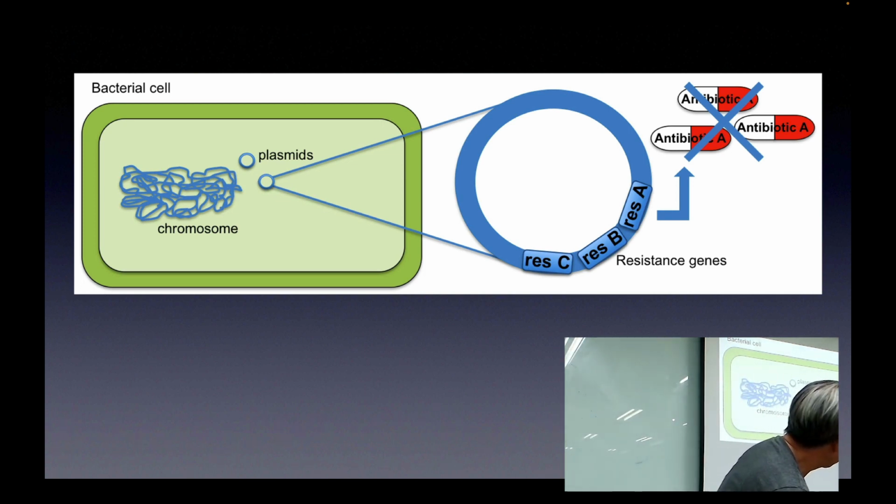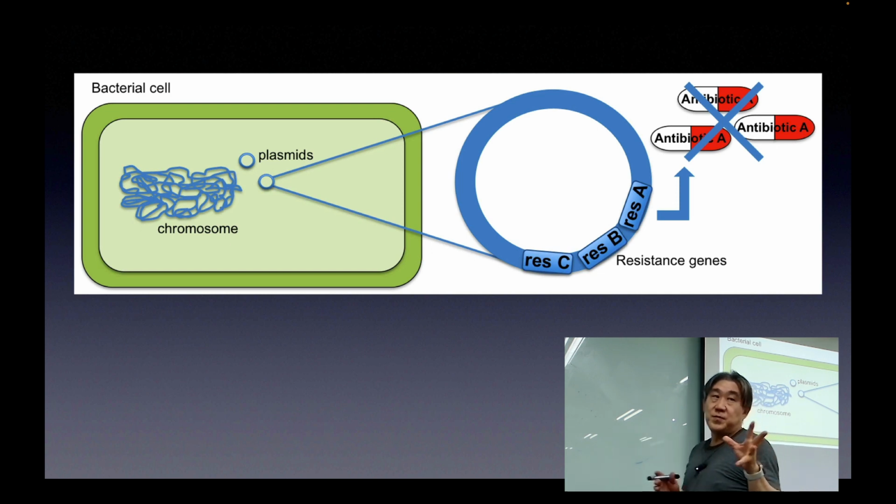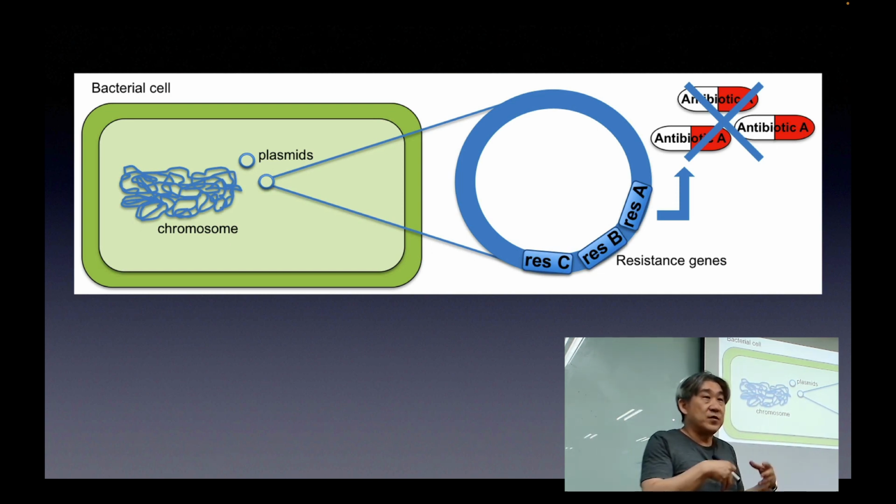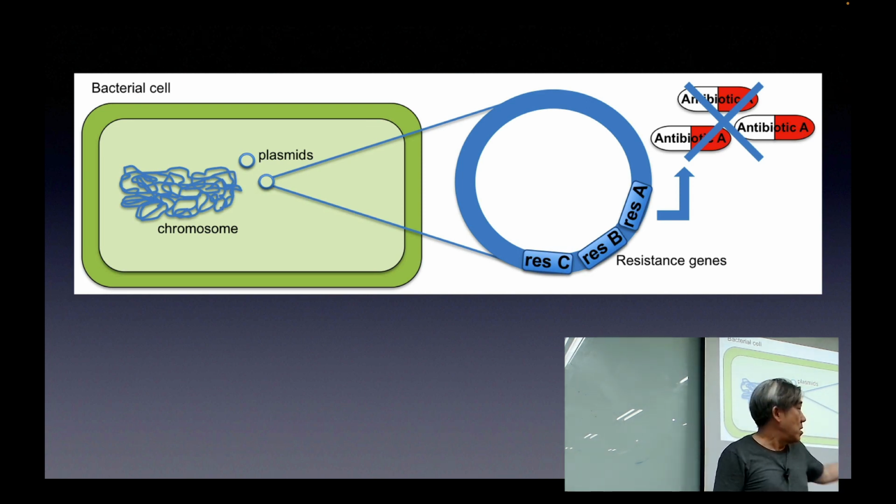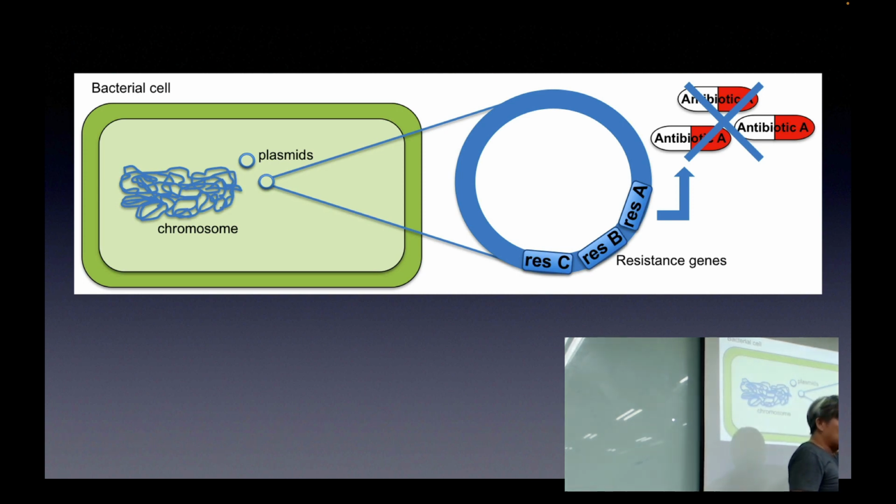So here on this particular plasmid, zoomed in, is a resistance gene A, B, C, all these three different genes responsible for different forms of antibiotics resistance. So here, several different types of antibiotics will become obsolete in the presence of these particular genes.